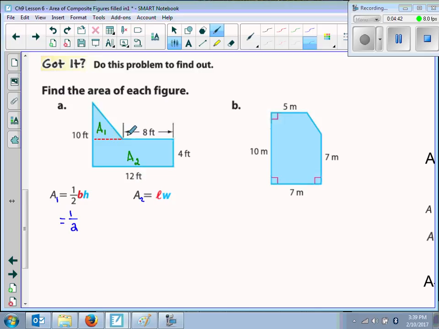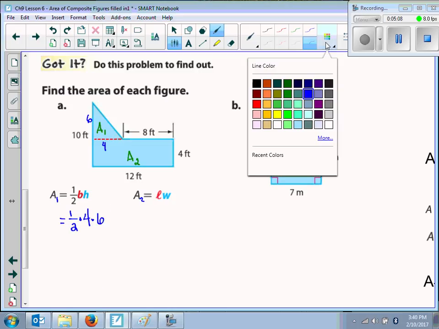So 12 minus 8 is going to give me 4. So times 4. Now, how about the height? What is that going to be up there? 10 minus 4. So here, 10 minus the 4, which is going to be 6. Very good. So we have 1/2 times 4 times 6.